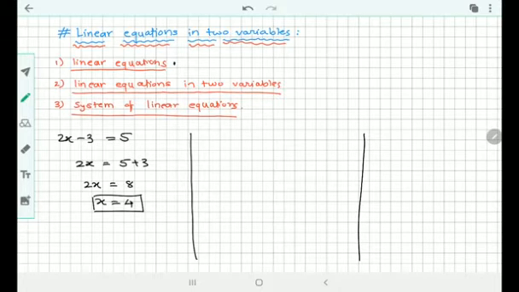Last year, you must have seen equations like x plus y equals 7. In fact, we used to draw the graph of this equation by taking some random points.